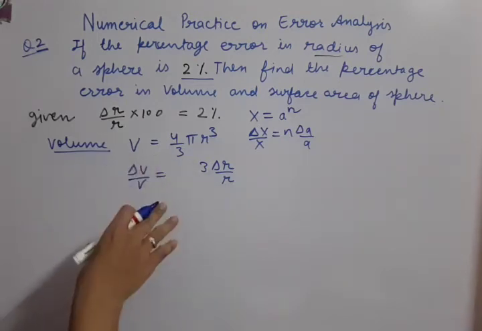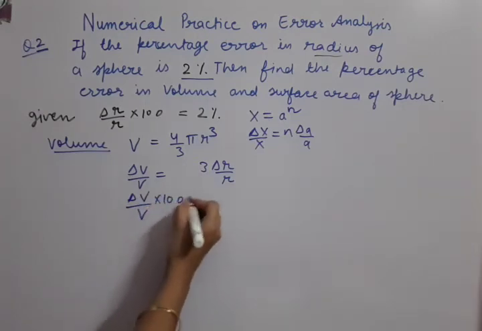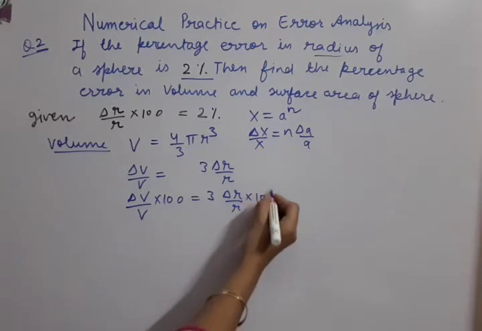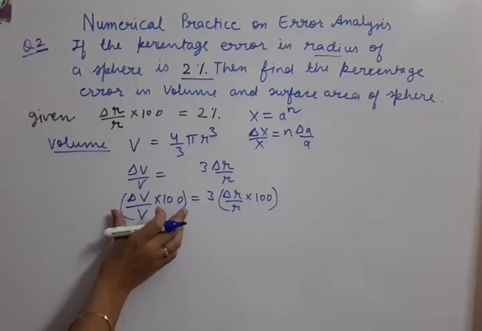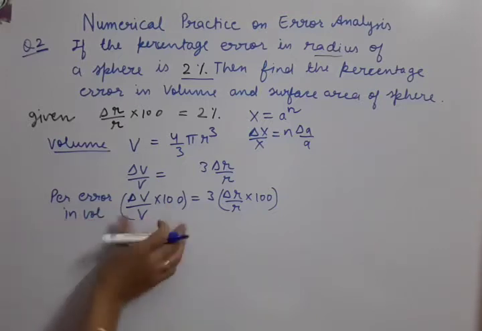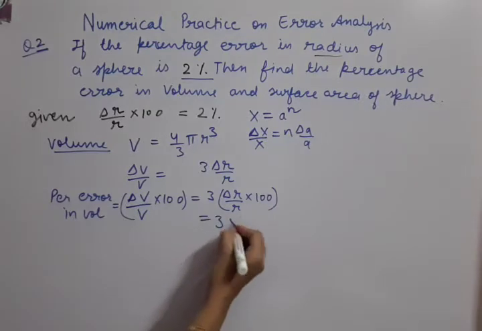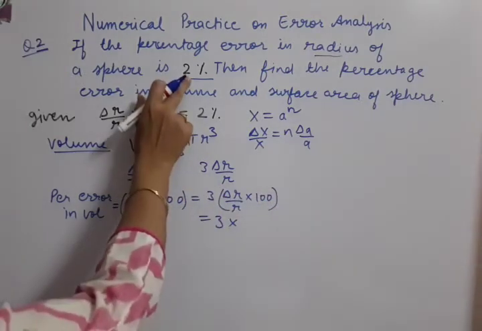That is very easy. We have to multiply both sides with 100. Okay, so I have multiplied both sides with 100. So this is the percentage error in the volume. And to get this, I have to put here the value. So you see now, delta r by r into 100, that means percentage error in r, that is given how much? 2%.